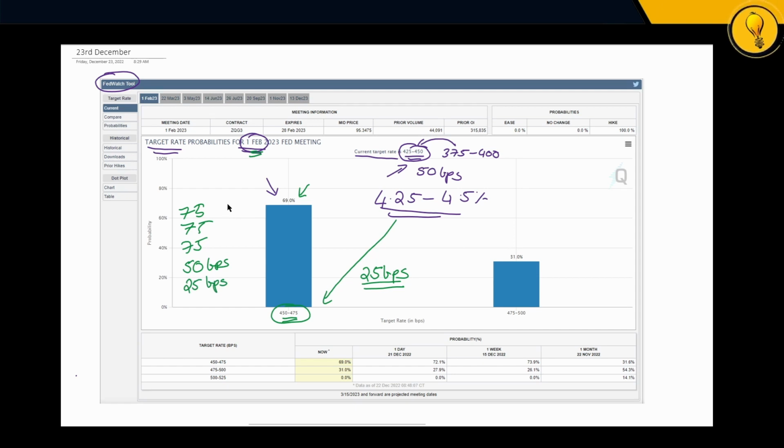So what we are seeing over here is a massive potential change in the rate of change of the hiking cycle. Because if you think about it, for the longest time, the Fed kept the target rate at a relatively low and stable rate of around 0 to 0.25%. So if you have to draw it out on a graph, it looks something like this, where you're going flat to 0, and then suddenly the Fed started increasing rates aggressively, 75.